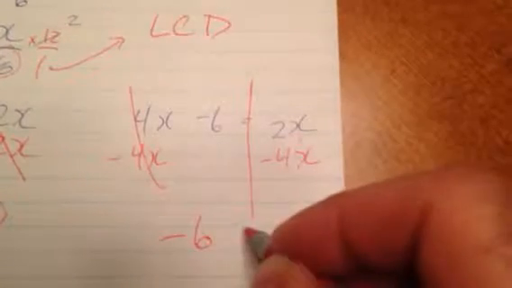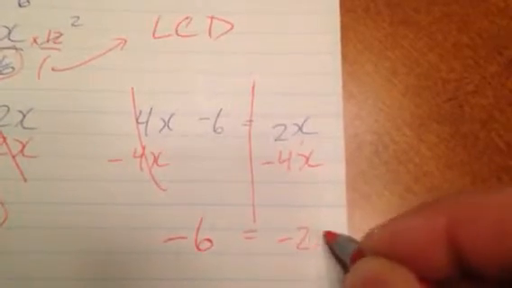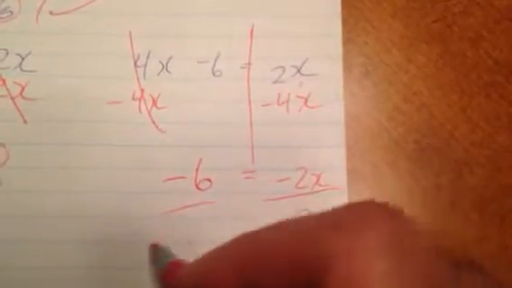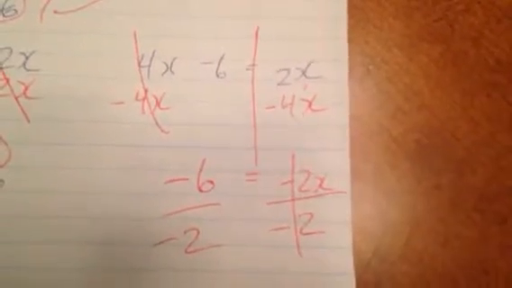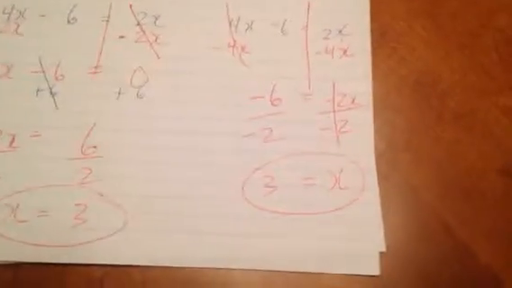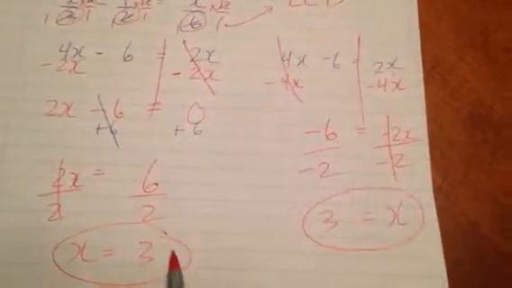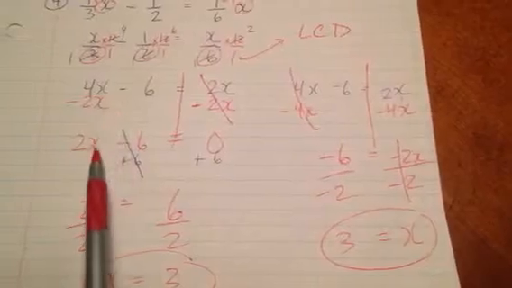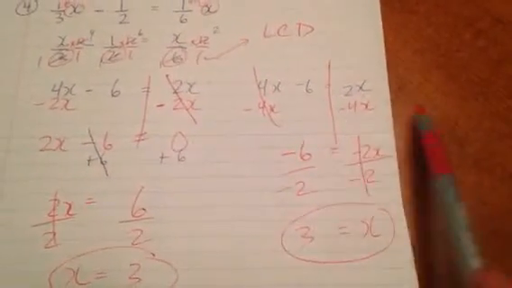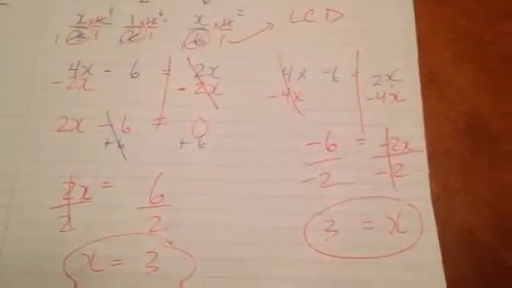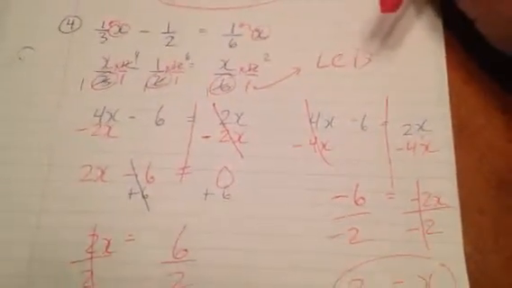I get negative 6 equals negative 2x. Now I divide both sides by negative 2. Cross that out. I get x equals 3. So 3 equals x. X equals 3. Same answer, no matter which way you do it. Whether you keep x's on the left or on the right, as long as they're on opposite sides, it will work. I generally just try to stick with keeping x's on the left, and students seem to remember that pretty well.